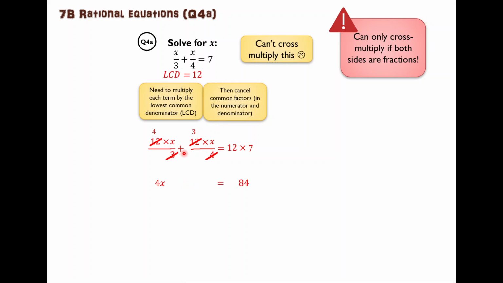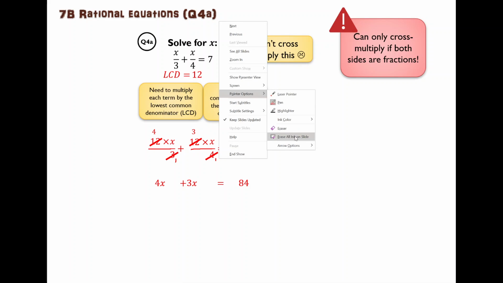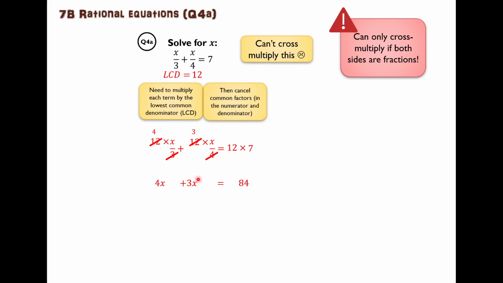And then I have my plus. And then here, the 12 is gone, the 4 is gone. I'm only left with 3 times x on the top. Again, you can imagine there really is a divide by 1 on the bottom. But dividing by 1 doesn't do anything. So you can just delete a divide by 1. It won't change it.